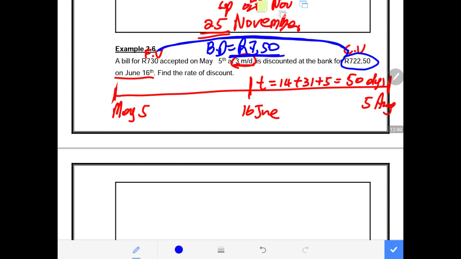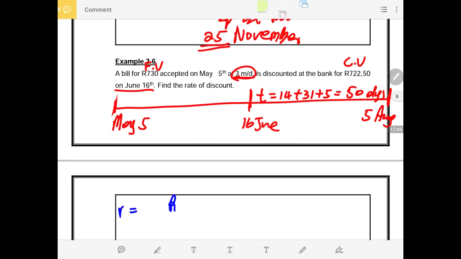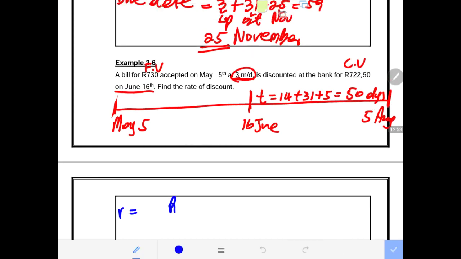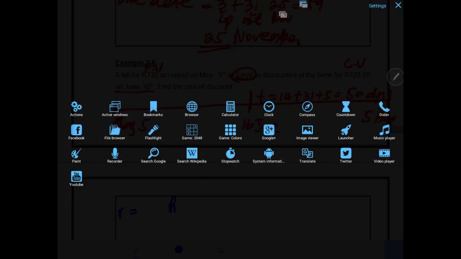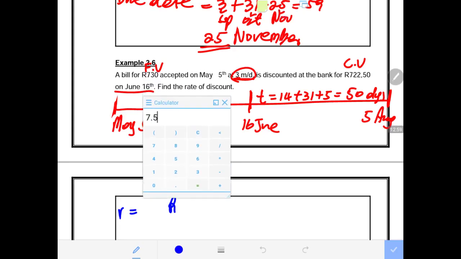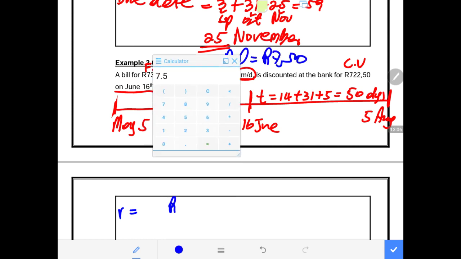Then we go to our formula and we say our rate is equal to banker's discount, of which our banker's discount, we can see it there, is 7 rand 50 cents.